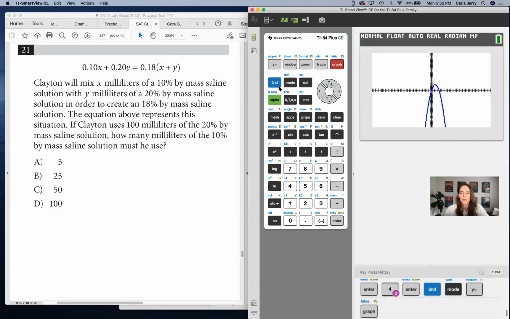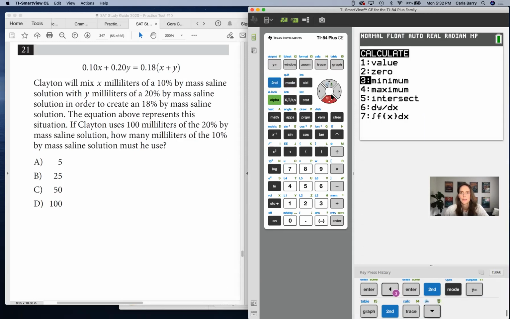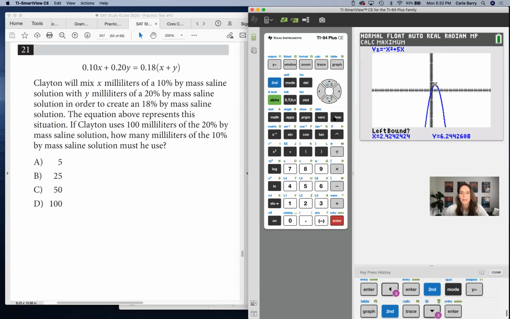My maximum is the vertex. So if I go second trace and then maximum, and it says left bound, we're going to the left, and then we're going to the right, and then it says to guess, and we want our cursor right around our maximum there, or our vertex, and press enter, and then it gives the maximum.